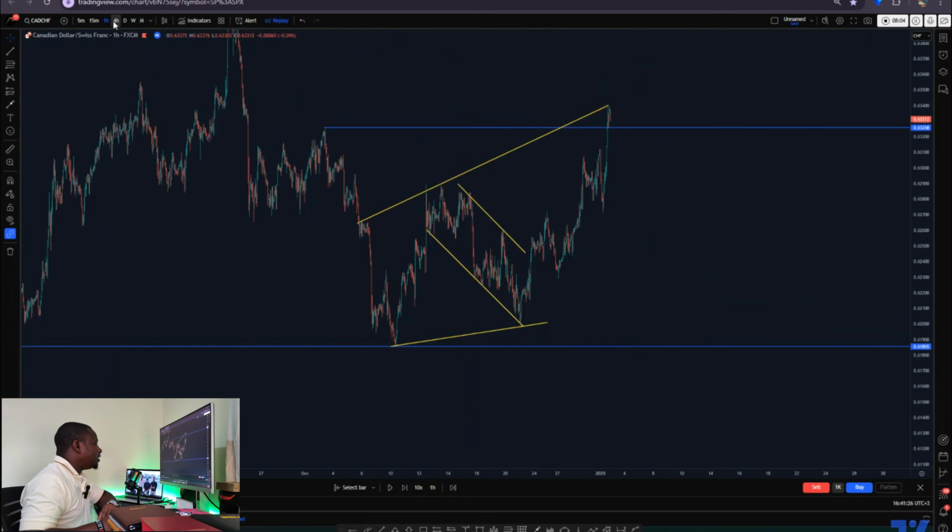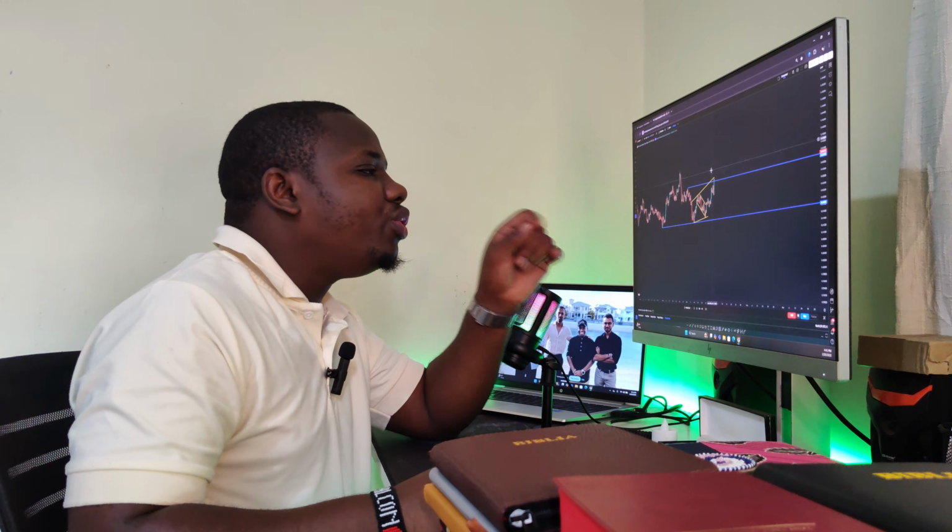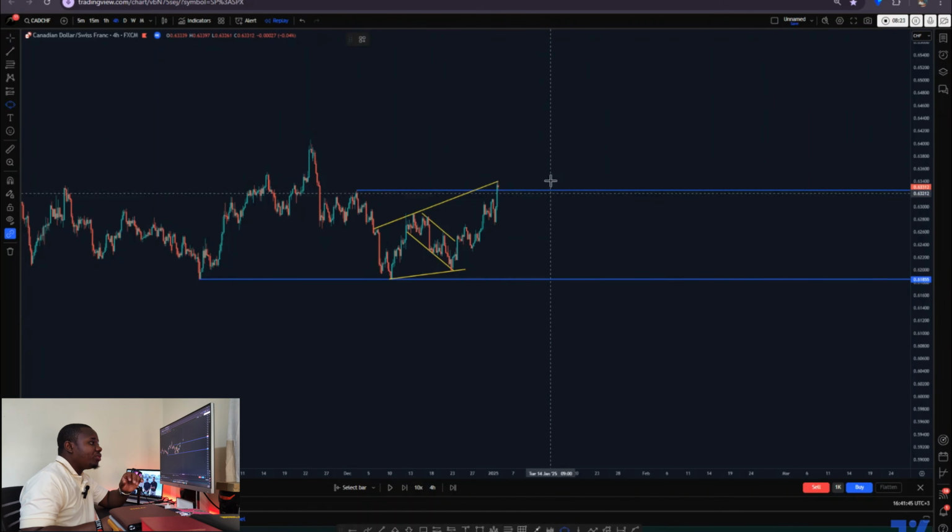The key thing is, guys, whenever you have plotted the value areas, when you move to the next time frame, look at your current price action, or the piece of information that has tapped on your value area on the right side. For instance, over here we have something like this. This is a piece of information that we can use to capitalize and take advantage of the next move to the downside.